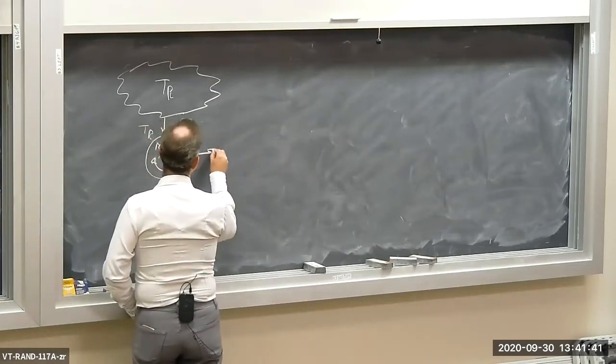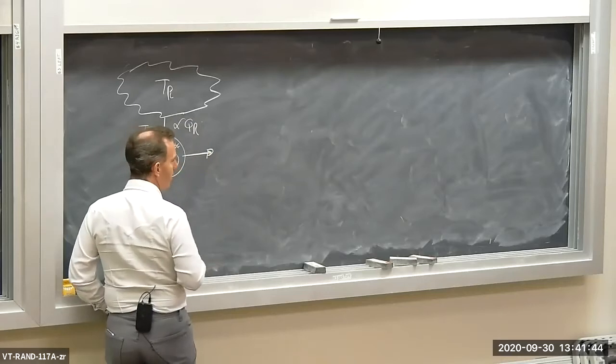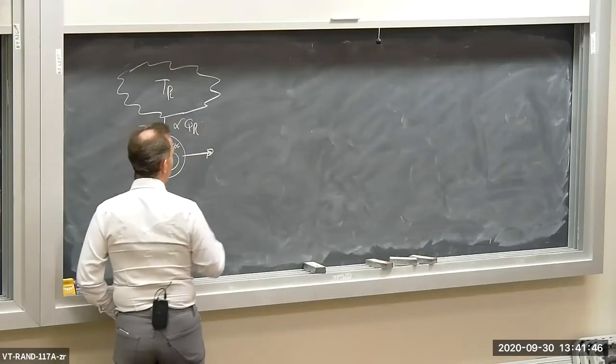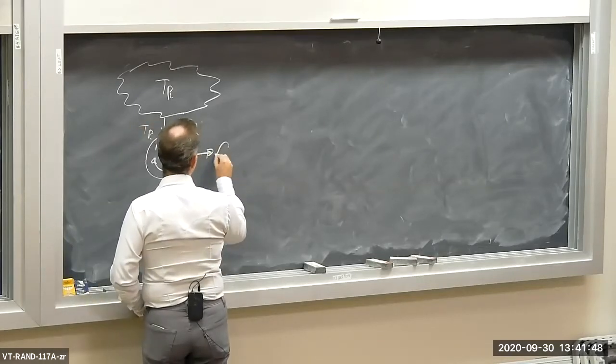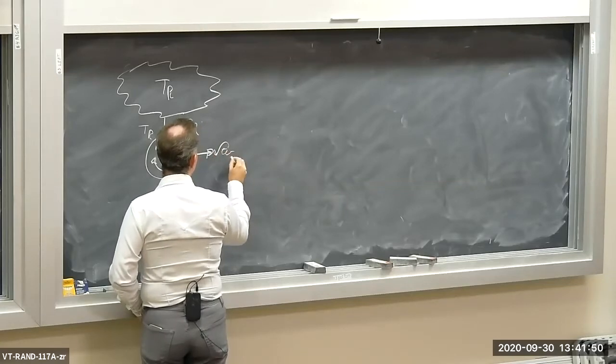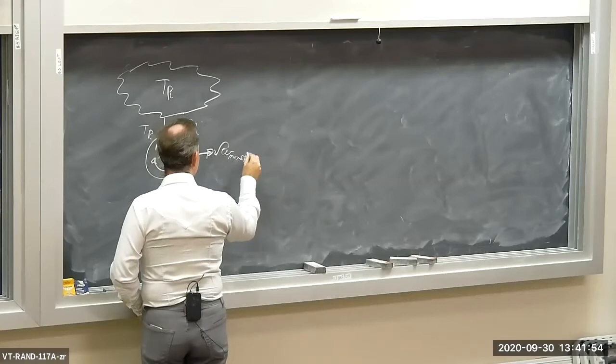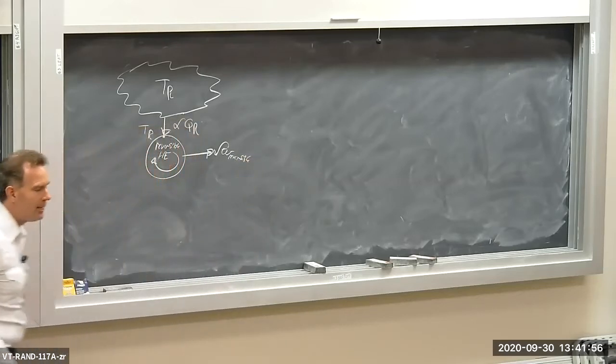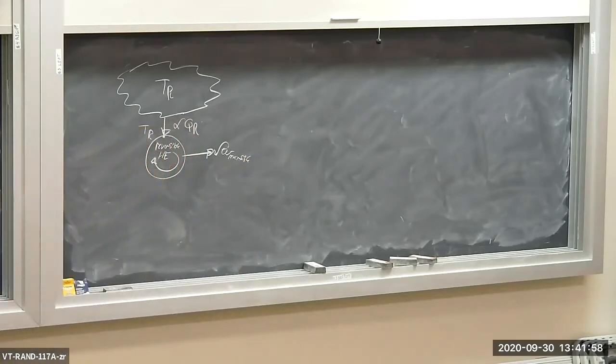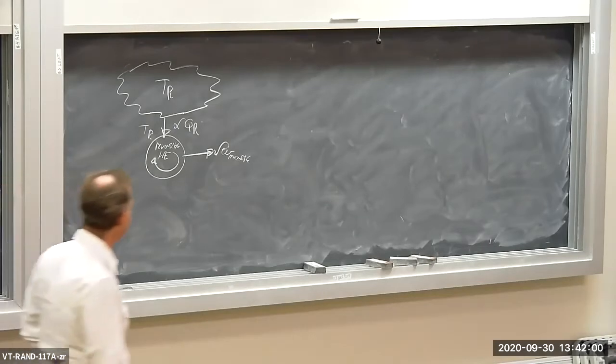Now, this reversible heat engine takes some of this heat, del QR, and produces a certain amount of work, del W reversible, indicating that this is work being produced by the reversible heat engine.